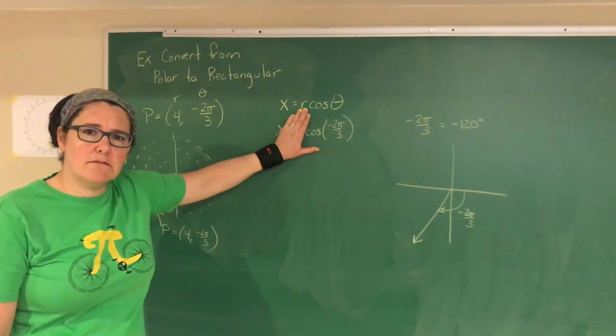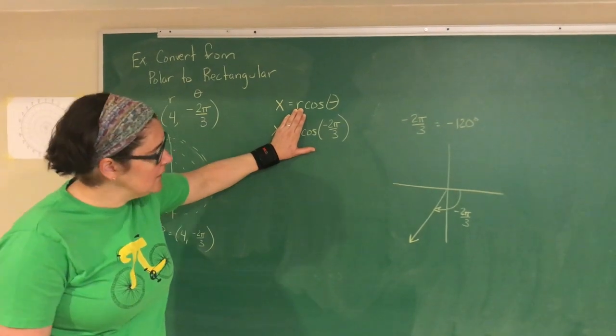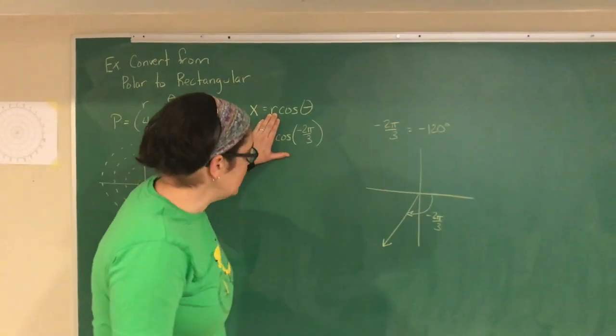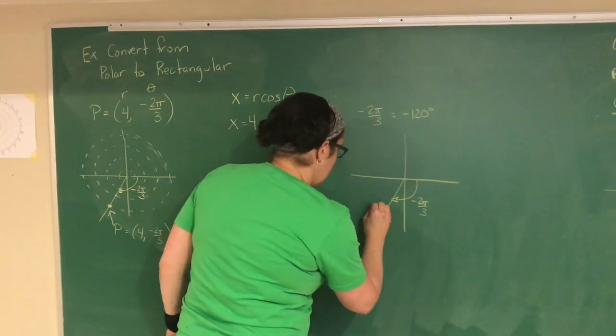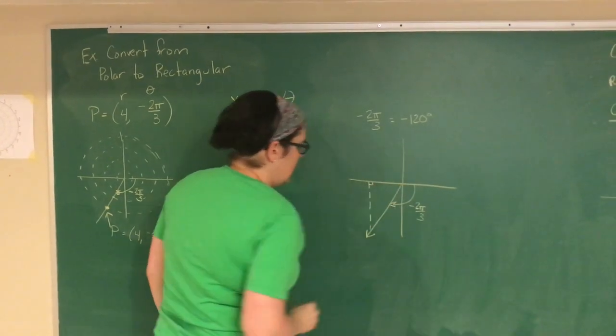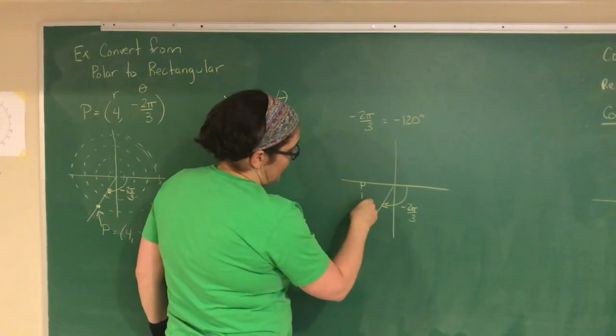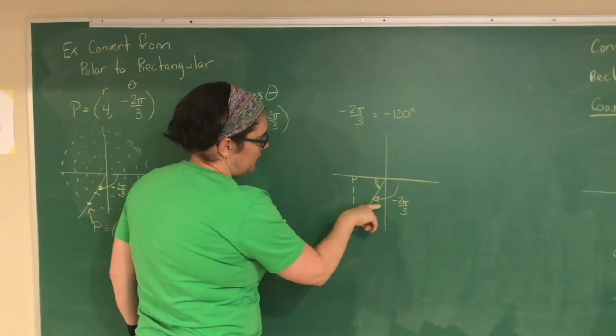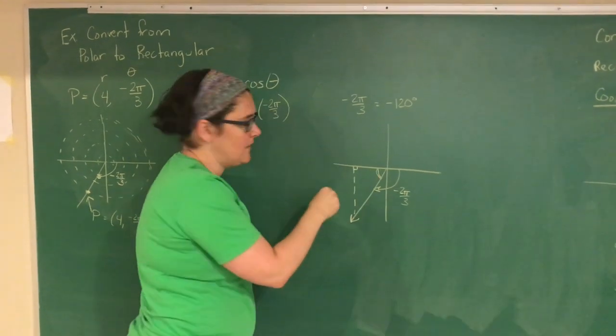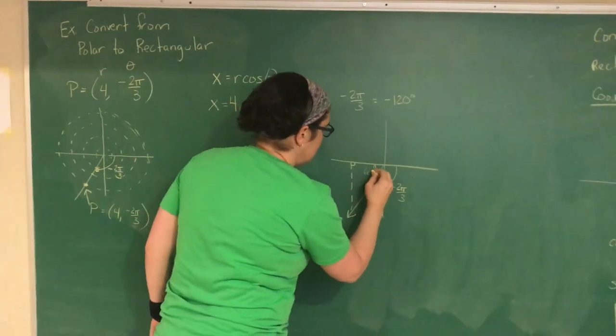If not, I might try and calculate it by hand. So I first draw my angle, and then I create my reference triangle. Looking at this angle, an angle of negative 2 pi over 3 gives me a reference angle of pi over 3, or 60 degrees.